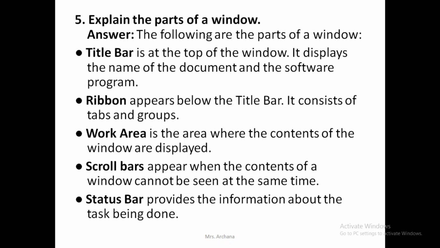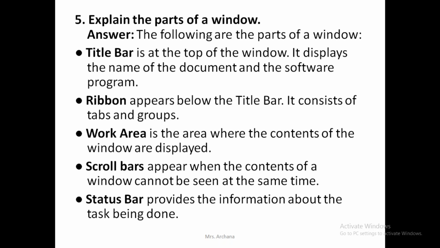Explain the parts of the window. The following are the parts of the window. Title bar is at the top of the window. It displays the name of the document and the software program. Ribbon appears below the title bar. It consists of tabs and groups.